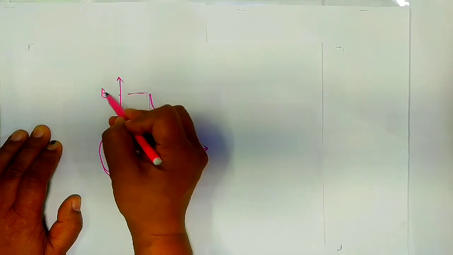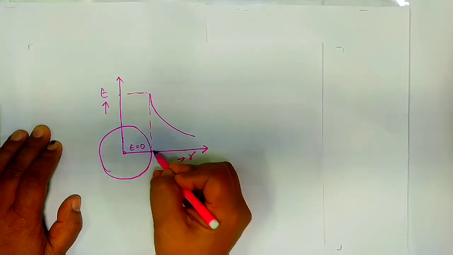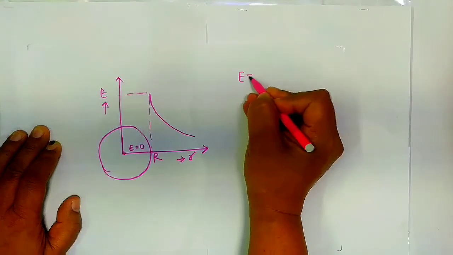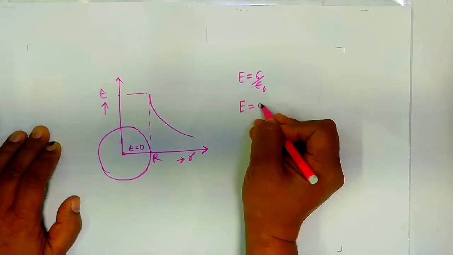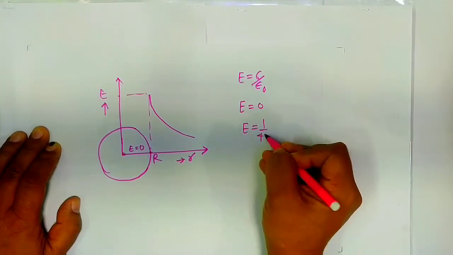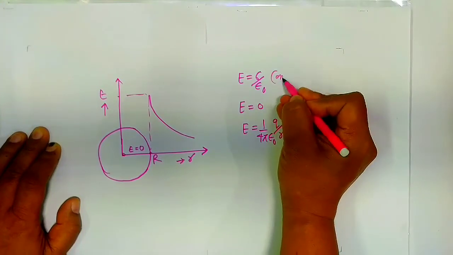So this is between electric field and r. Here it was capital R, outside the cell. So on the cell E is sigma by epsilon naught, inside the cell E is 0, and outside the cell E is 1 upon 4 pi epsilon naught Q by r square.